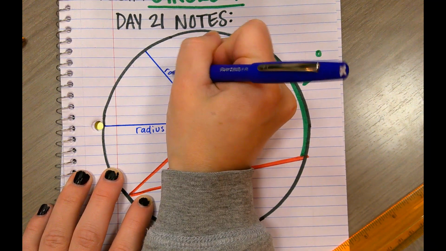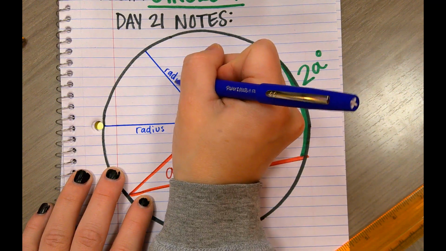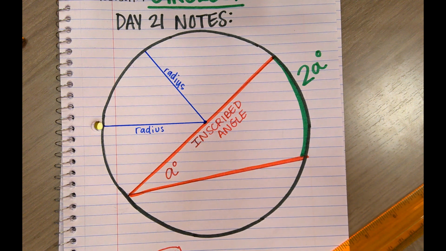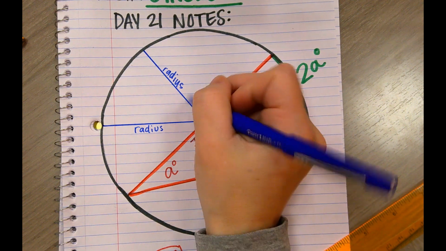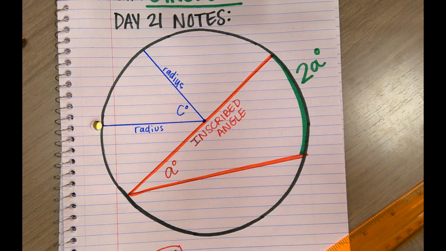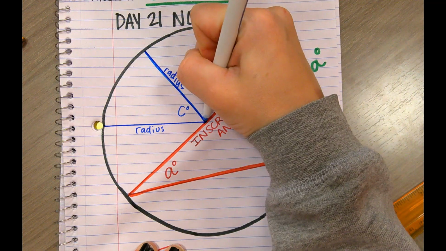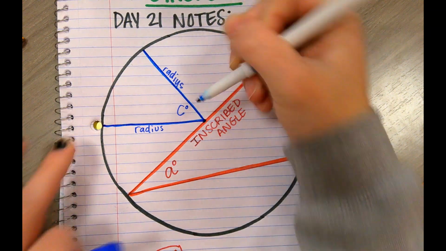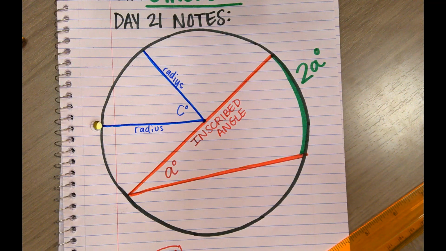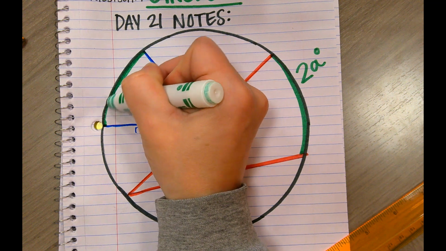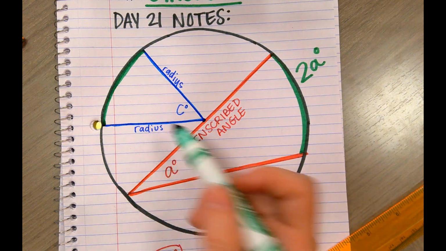So this is a radius. This is a radius, right? Because it's from the outside of the circle going into the middle. So we've got 2 radii. And we'll call this angle C. Then we'll highlight the length out here that the opening of this angle C is touching.